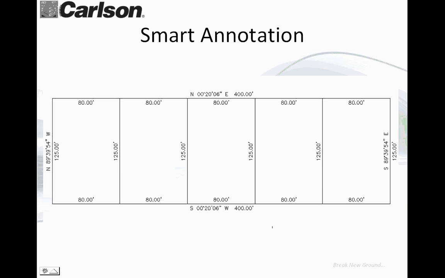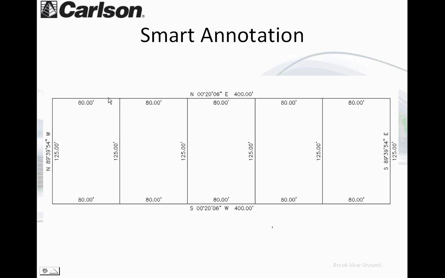Annotation. We've added some new rules that you can use. One is for line work that's in series, like the top row here. So a series of lines that all have the same bearing, you can have the program label the bearing only once.